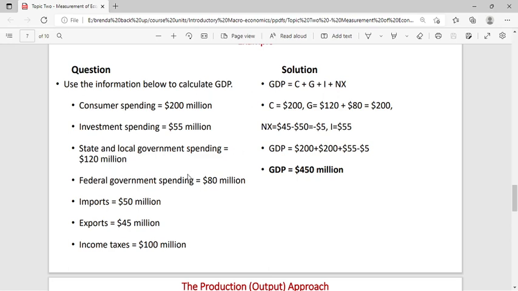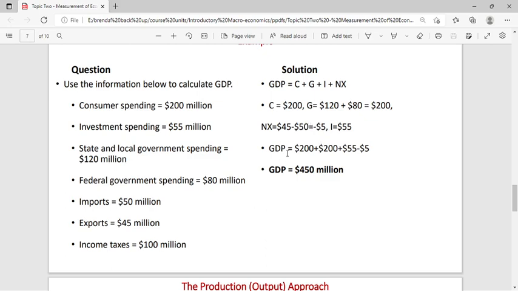And then we have our NX, which is the net export. That is the difference between exports and imports. Our exports are 45 and the imports are 50. So we have a negative, meaning we have a trade deficit. We imported, or we spent more than what we earned from our exports, which is not a very good situation.